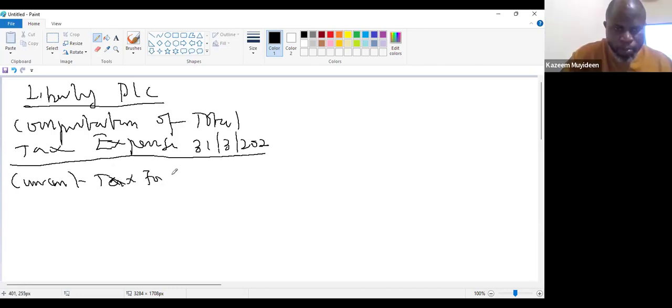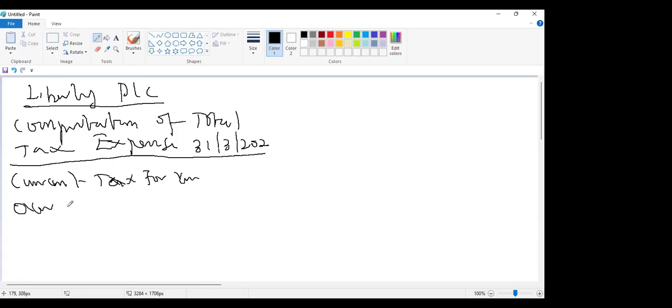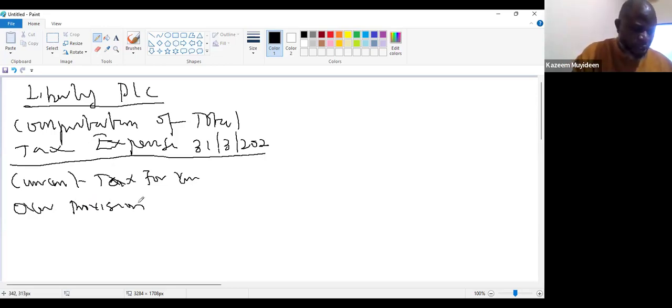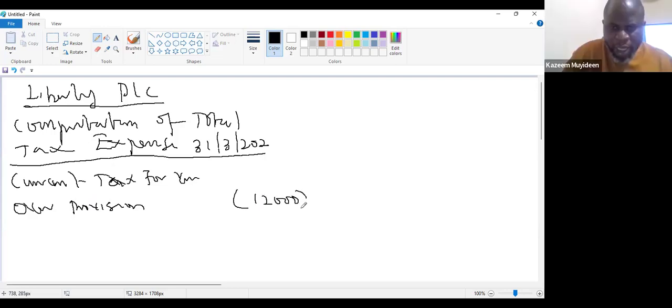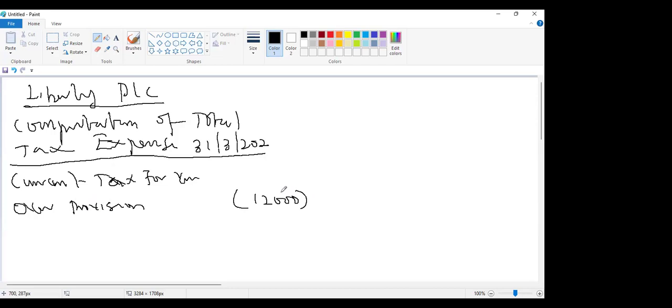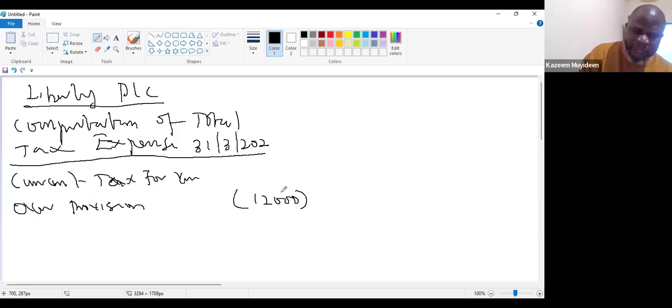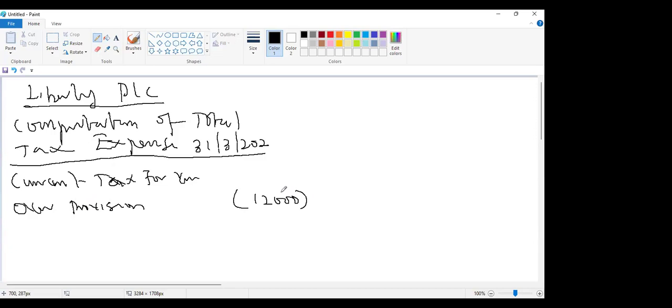If it is under provision, we add. The over provision is 12,000, so I will remove the 12,000. But he has not given the current tax for this year. That's okay. The deferred tax liability as of 1st April, oh, he has given me a deferred tax liability of 39,000.